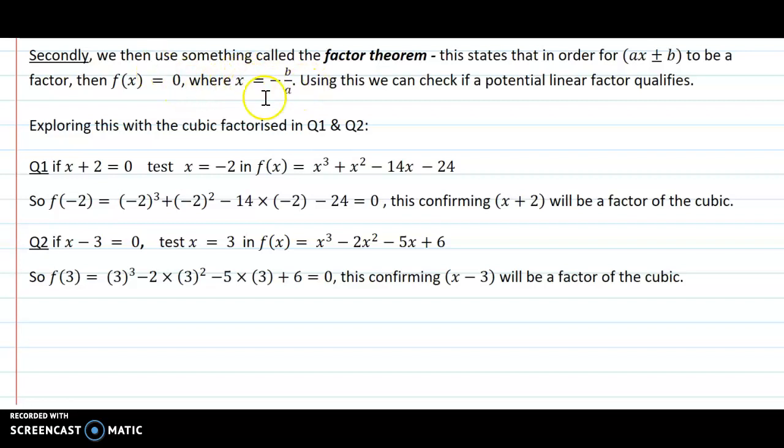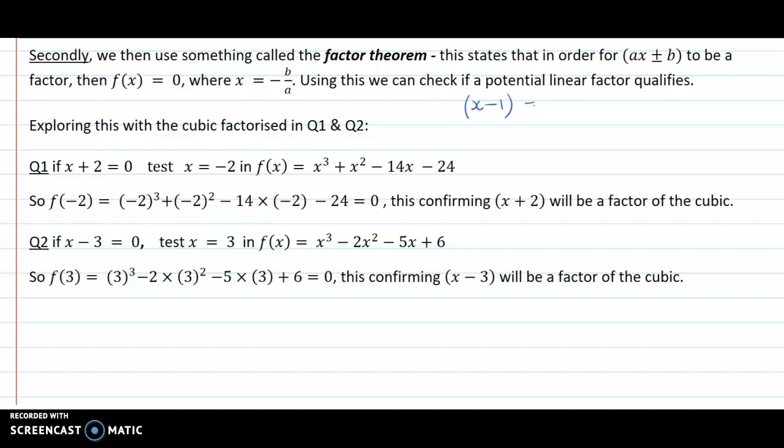And to identify exactly what to sub into the function to test it, I need to do a little bit of a reverse process of the null factor law. So say I wanted to test my factor of x minus 1 that I identified just before.